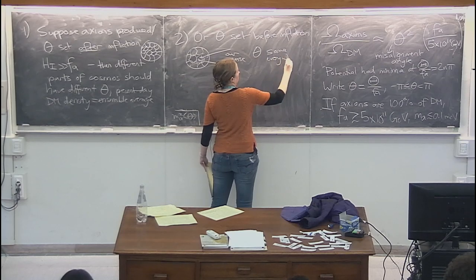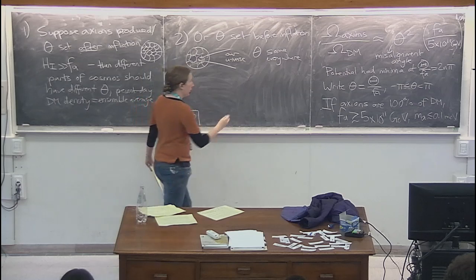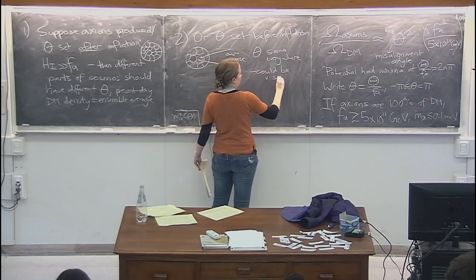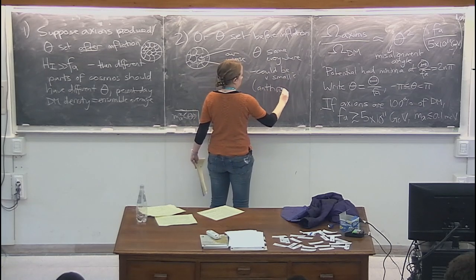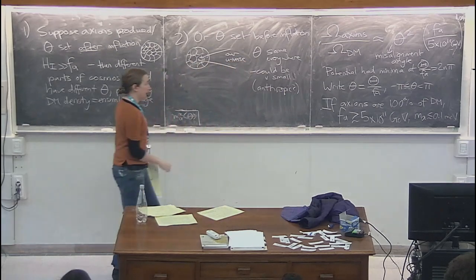And there's been some work on trying to understand whether you could justify this from an anthropic standpoint. Would all the other parts of parameter space, where we had either way more or way less axion dark matter, just not be very hospitable places for life?